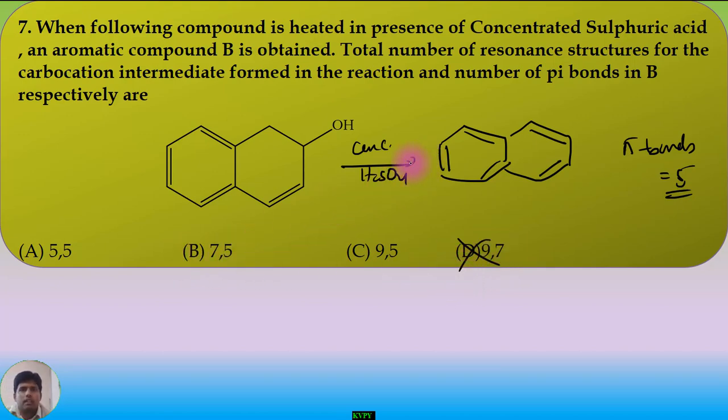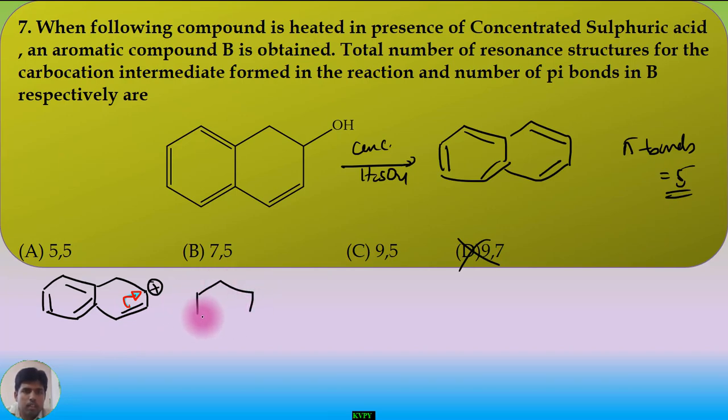Let us write the resonance structure for the carbocation form. Very essential, because otherwise we will not be able to get the answer here. So this bond can easily shift from here to here. So I will mark it in. Then the positive charge will come on the adjacent carbon.